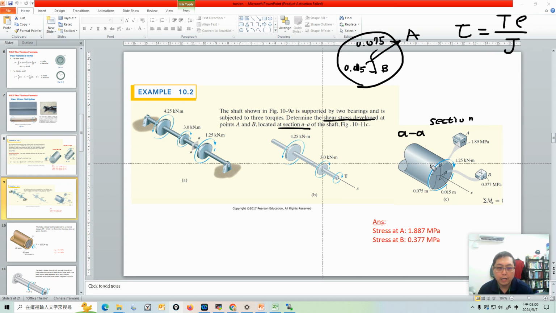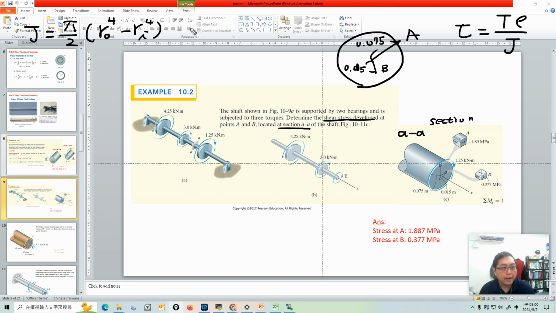And the J, we have the cross section area here. J is the polar moment of inertia, so we can calculate it. The cross section gives the radius, so we have R out to the power 4 minus R in to the power 4.